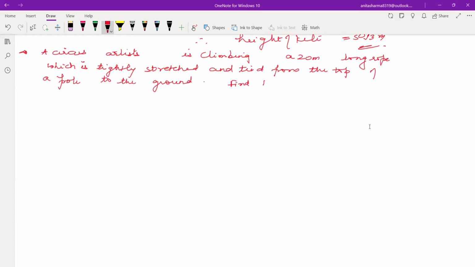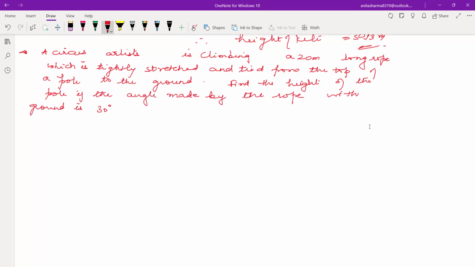Then find the height of the pole if the angle made by the rope with the ground is 30 degrees. Will you try, children? Yes, ma'am.